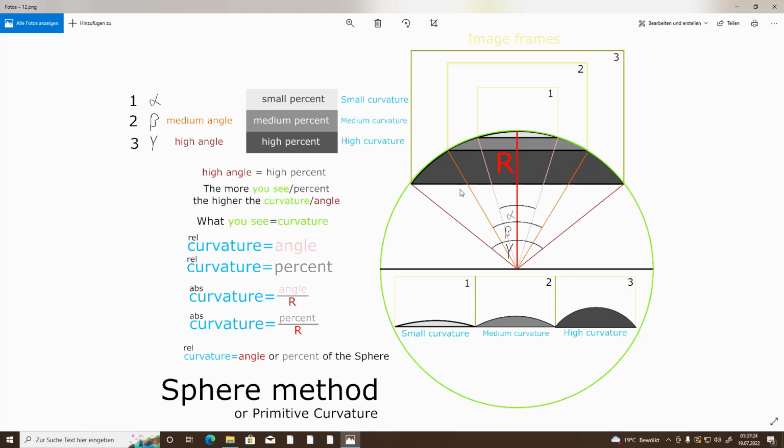Theoretically, you could combine the sphere method with the circle method, but that's just crazy. Honestly, I don't think it's really fun to do that. I don't know what to think about that, but I find it very interesting. I like the sphere method. It shows us that the more you see on the sphere, the more curvature you see on the horizon. That's very interesting.